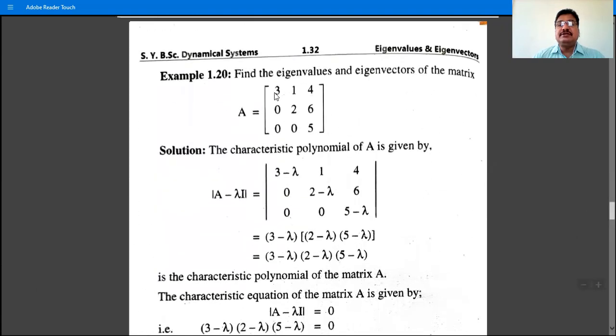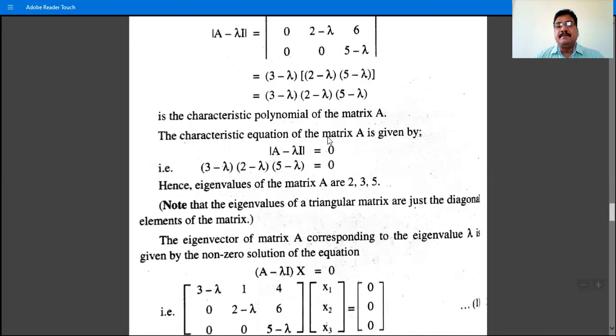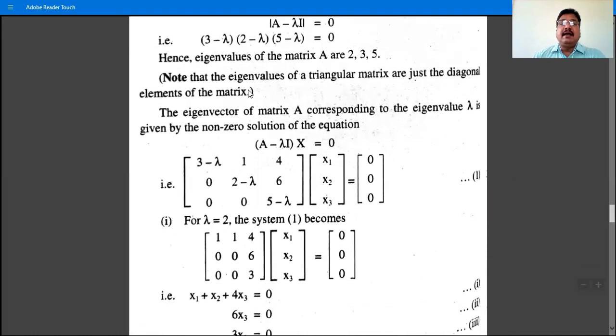If you take this matrix 3, 0, 0, 0, 2, 0, and 0, 0, 5, where all the other elements are 0, it's a diagonal matrix, and the eigenvalues are again 3, 2, 5. So the eigenvalues of a triangular matrix, whether upper or lower triangular, and of a diagonal matrix are just the diagonal elements of that matrix.